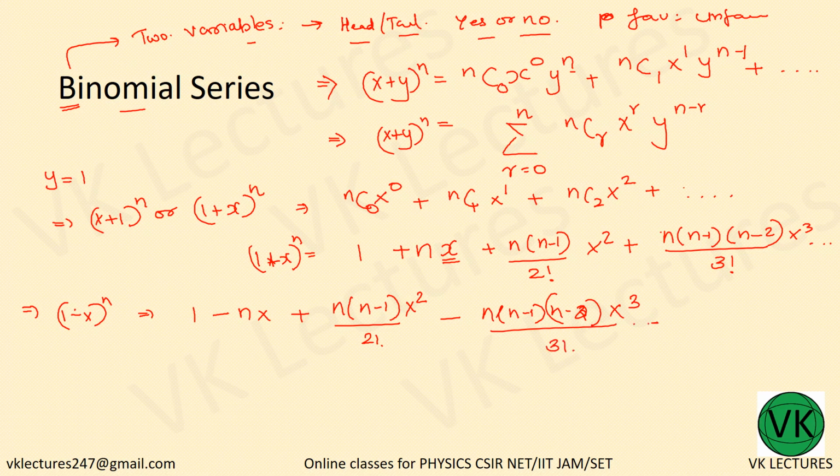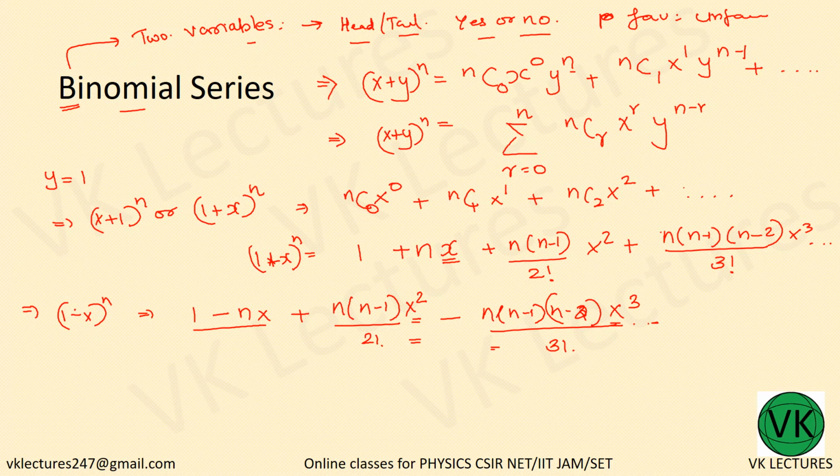So this is 1 minus nx, but usually you stop there: for (1 minus x) whole to the power n you write it as 1 minus nx, and you remove all these terms because these are negligible terms which contribute very little. Look at the order, it will contribute less.